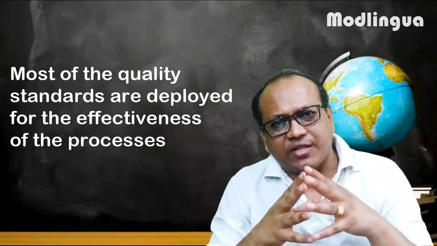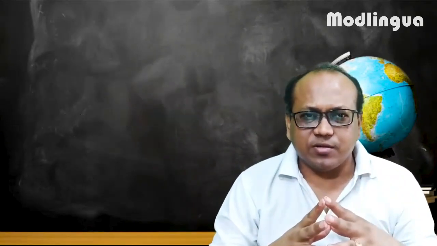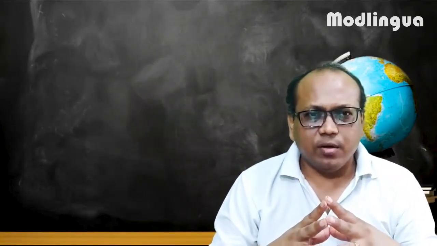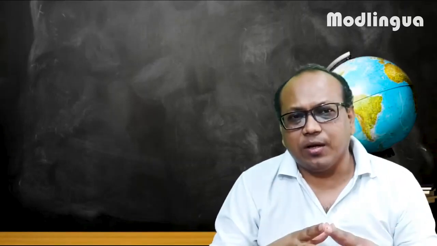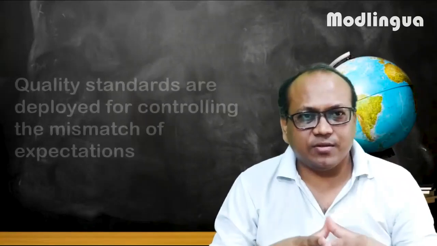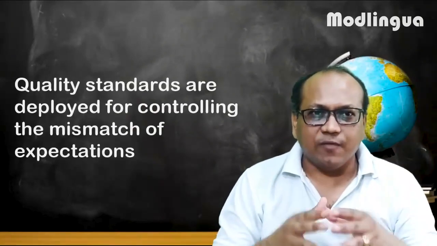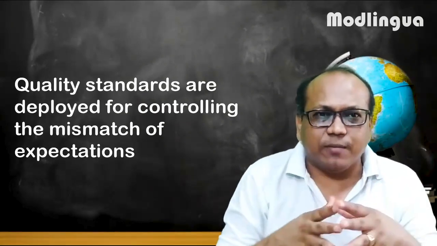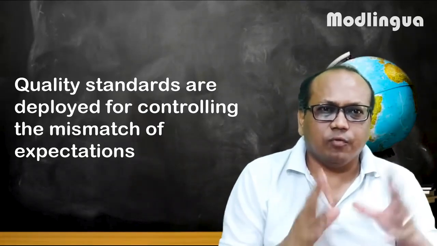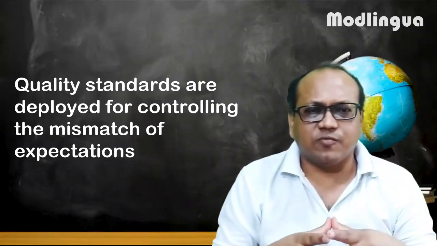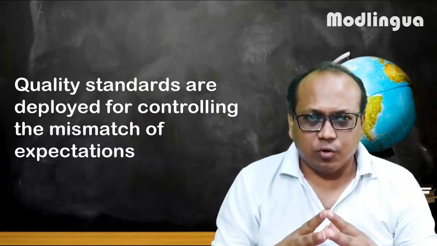So in order to control the mismatch of expectations, this translation standard is deployed. If you are looking for one thing and you order and you get another thing which you were not expecting, so what do we do? We define things. We define the scope and we define the parameters. And based on those parameters, we develop expectations. And once we get those expectations met by the service provider, we say the service was good.